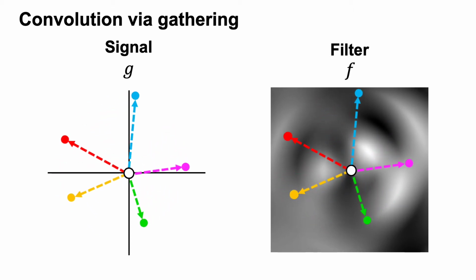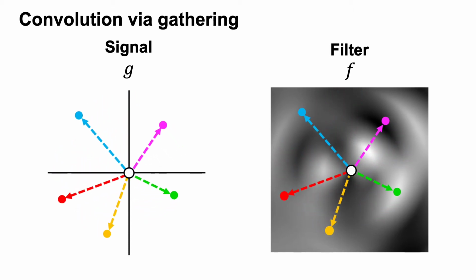Now, by themselves, basic gathering operations aren't rotation invariant, as the relative positions of the neighbors transform under local rotations. To address this problem, many successful surface networks and popular feature descriptors such as SIFT and SHOT extend classical gathering operations with directional information.